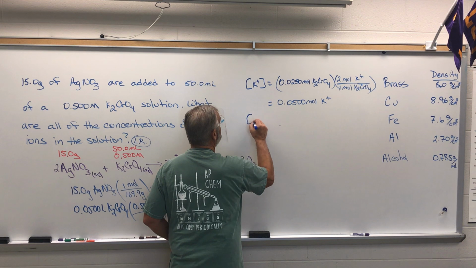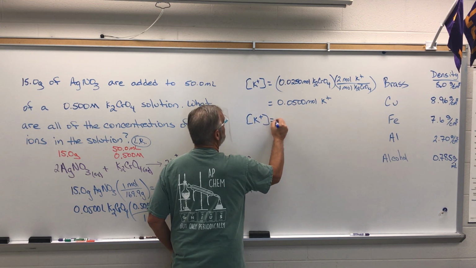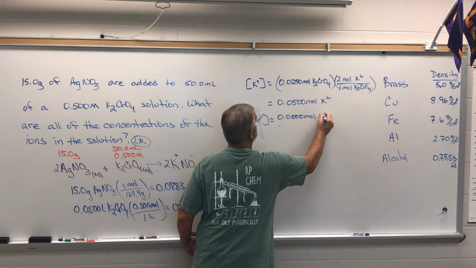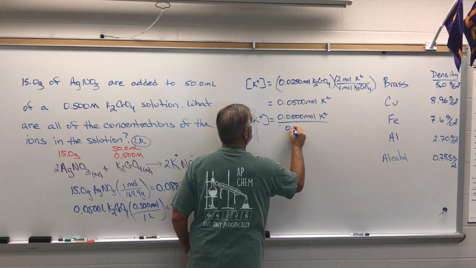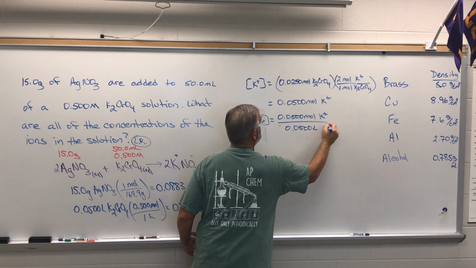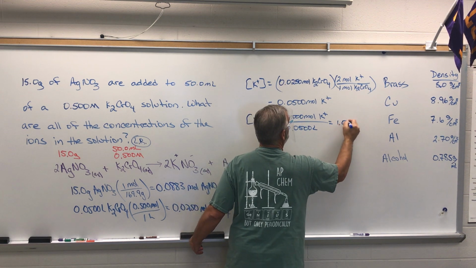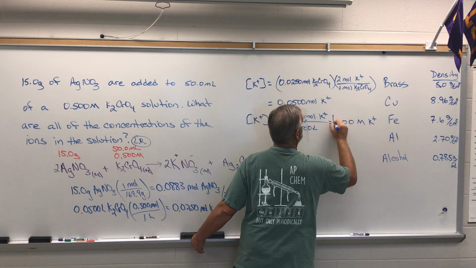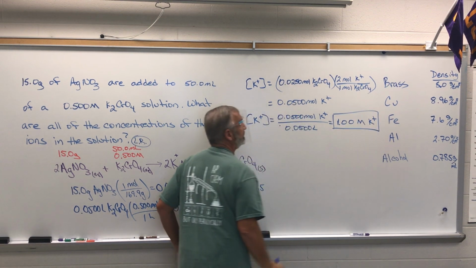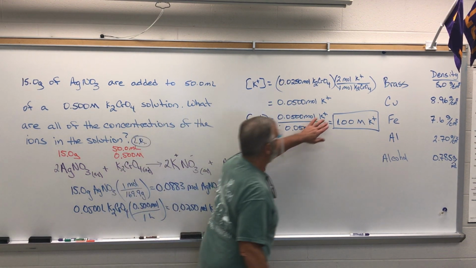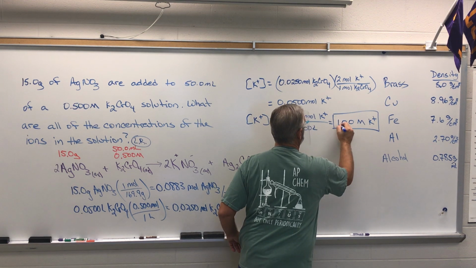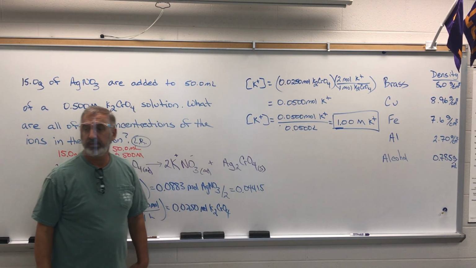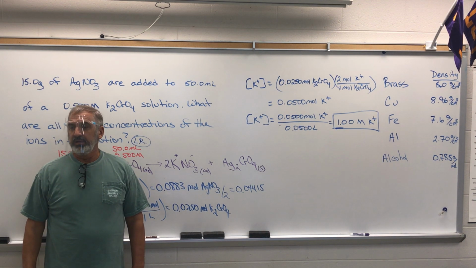So my K+ concentration is going to equal 0.0500 moles of K+ divided by the volume, 0.0500 liters. We can do that math in our head. 1 molar K+. Okay?